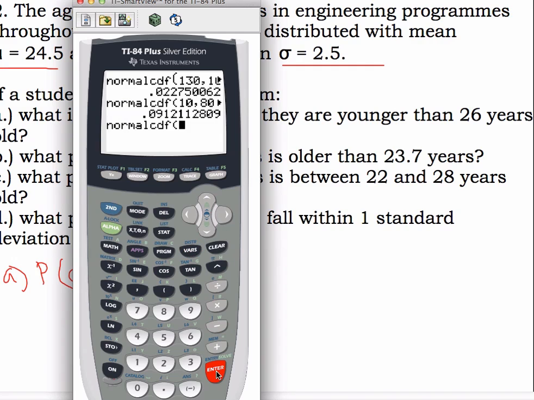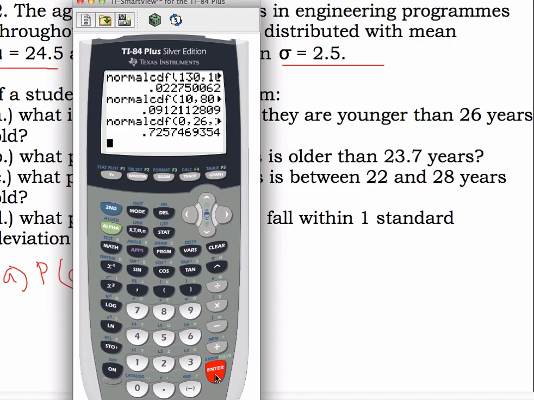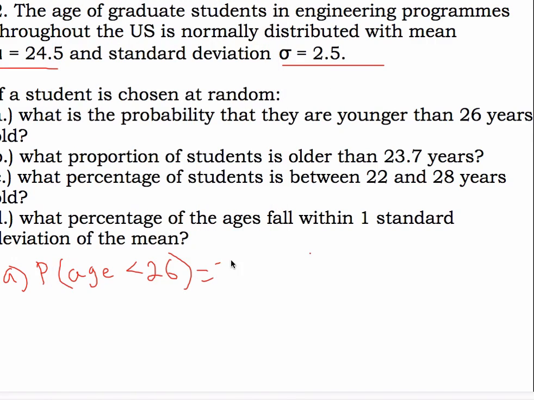Remember the second normal distribution. The lower limit is 0. Upper is 26. The mean is 24.5. And the standard deviation is 2.5. Then enter, and I get 72.6%.